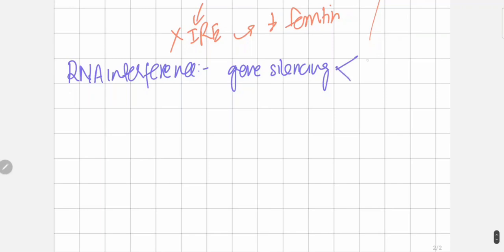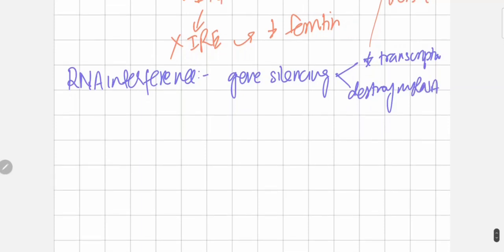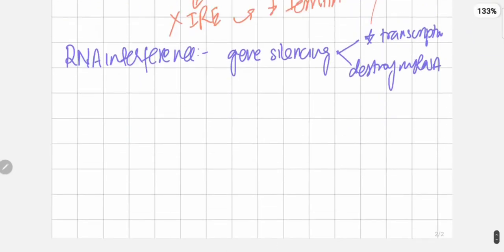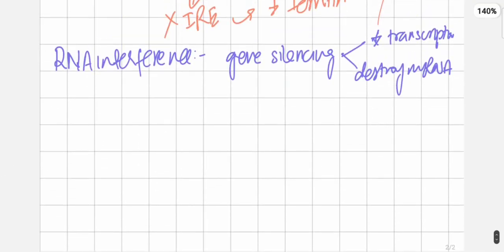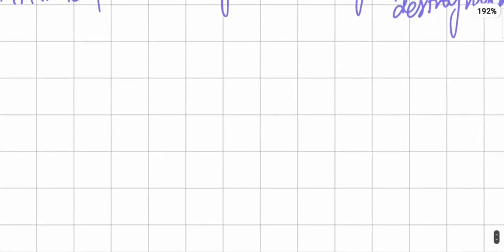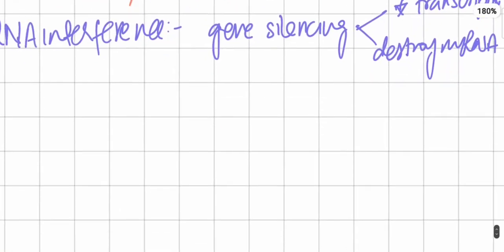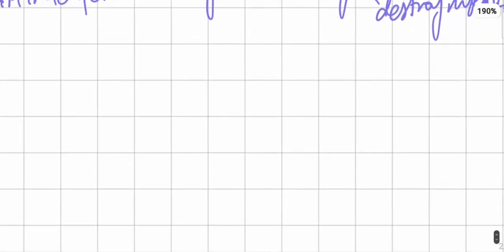We can do it in two ways: either we can decrease transcription, or we can destroy mRNA. Now I'm going to show you how to destroy RNA, not how to decrease transcription.